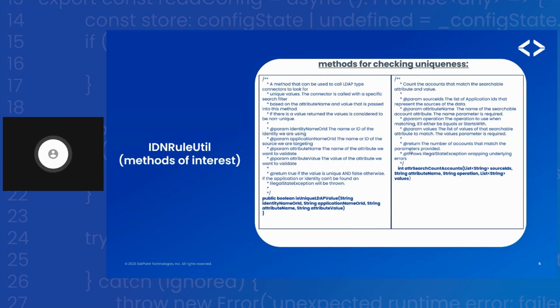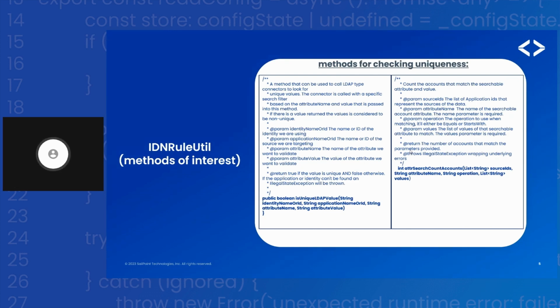And then some methods for the actual checking of uniqueness. There is the isUnique LDAP value. This one is probably more for checking something with AD, to make sure there are no collisions on the new value being created, let's say if you're provisioning a new AD account.